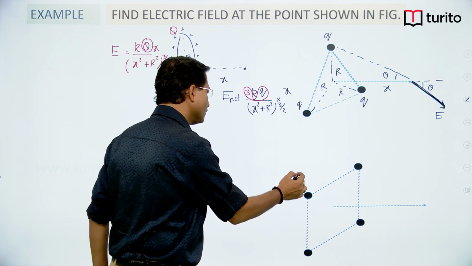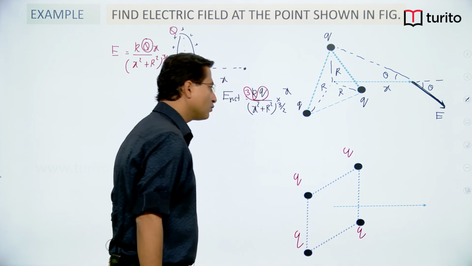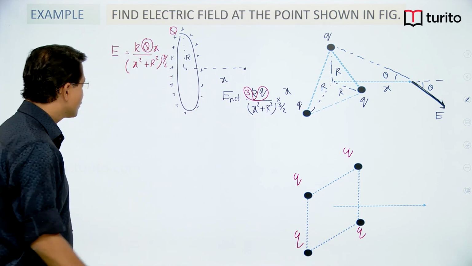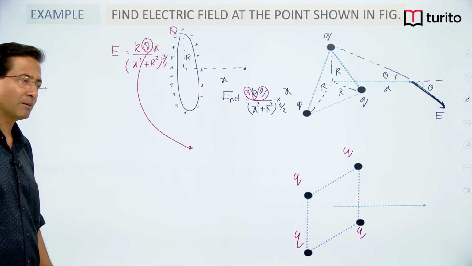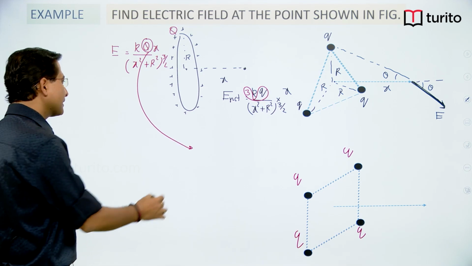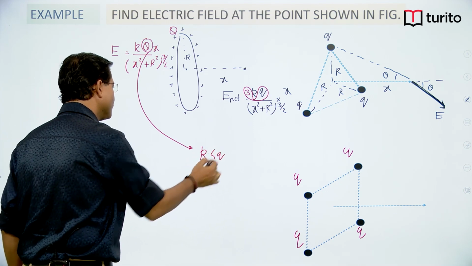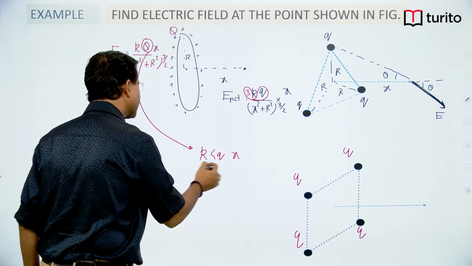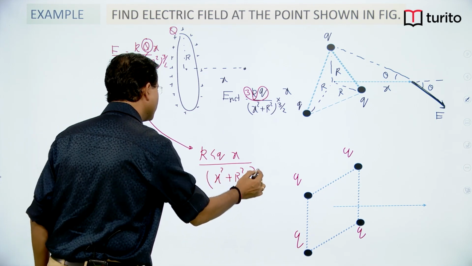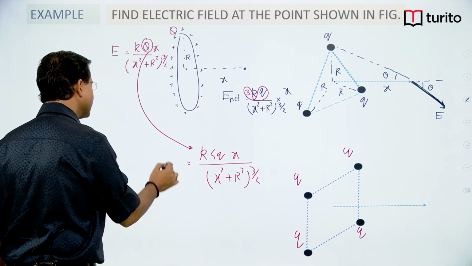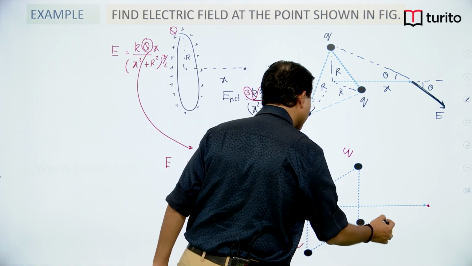If this is q, this one is q, this is q, q, then the total charge is 4q. So to directly get the result by the shortcut method, I can write k 4q into x divided by x square plus r square to the power 3 by 2. This is the field at this particular point.